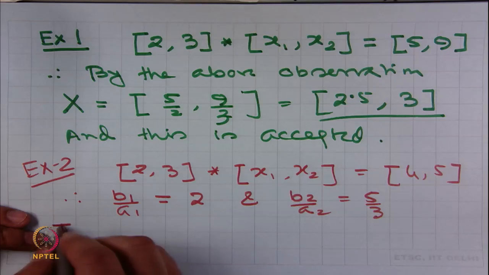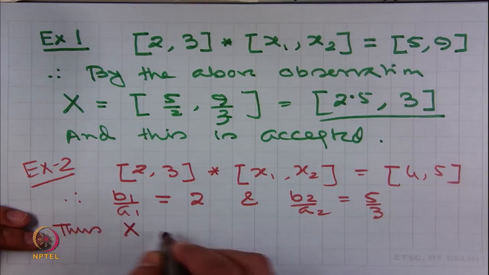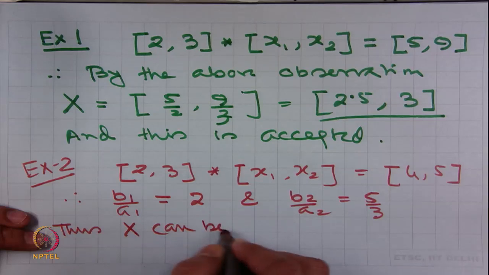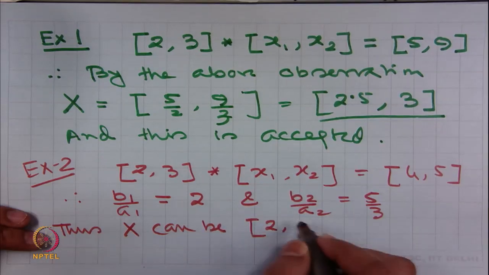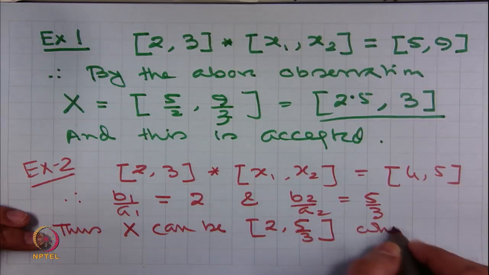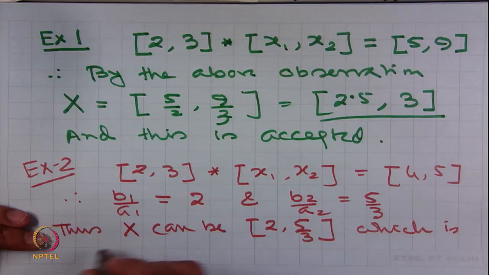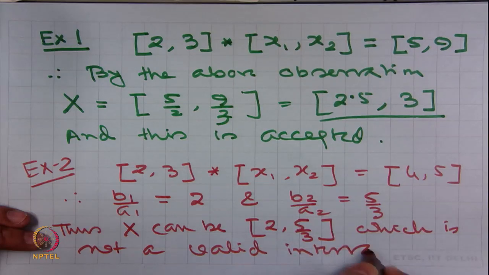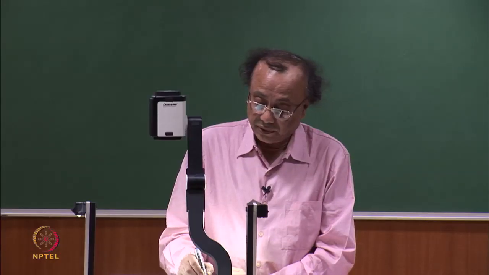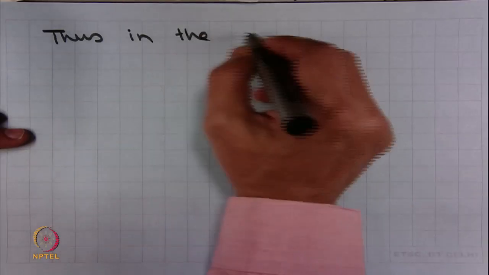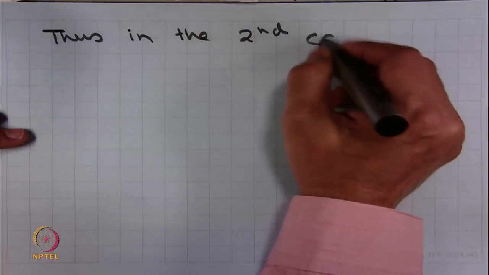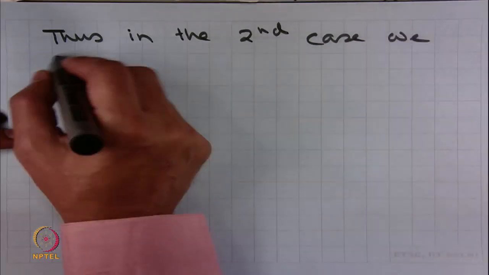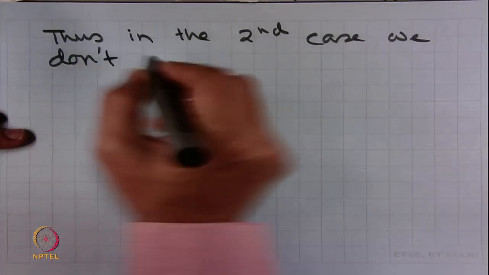Thus, x can be 2 comma 5 by 3, which is not a valid interval. Thus, in the second case, we do not have a solution.